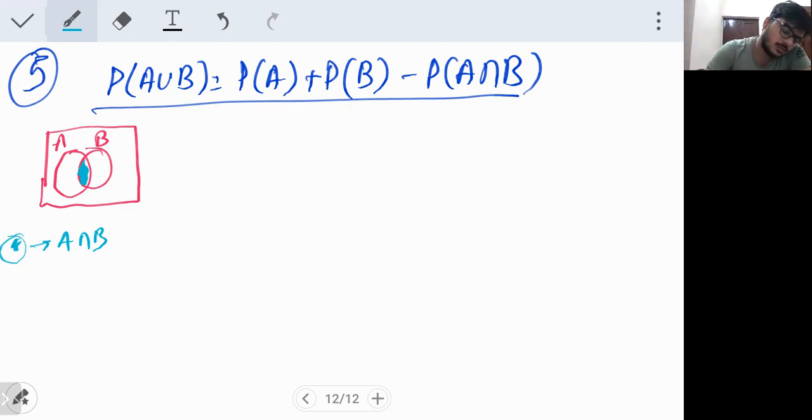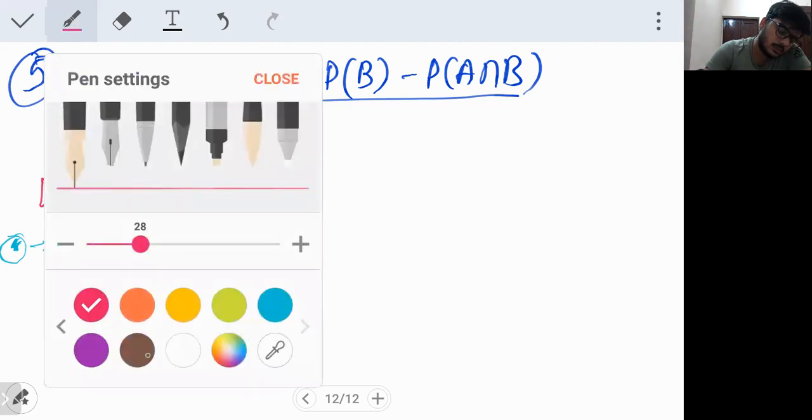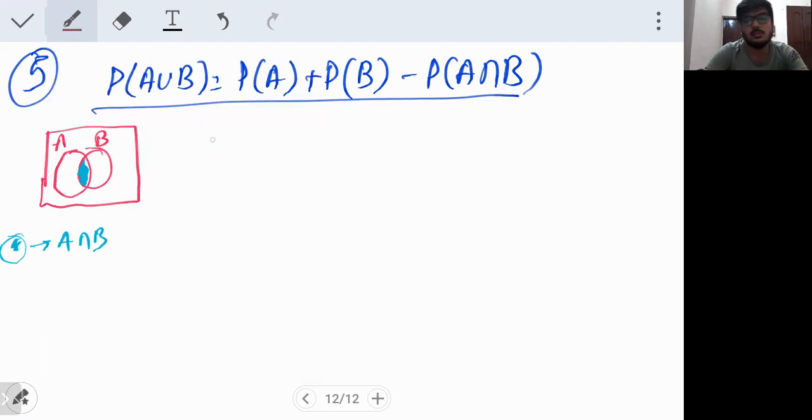Now suppose we take A union B. That will be taken as this entire portion, that will be the A portion, right?